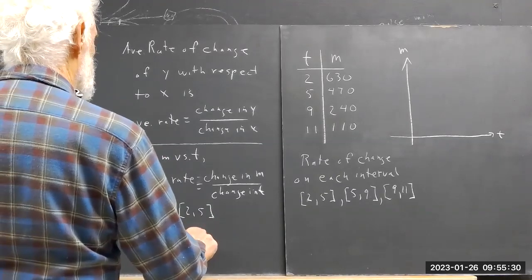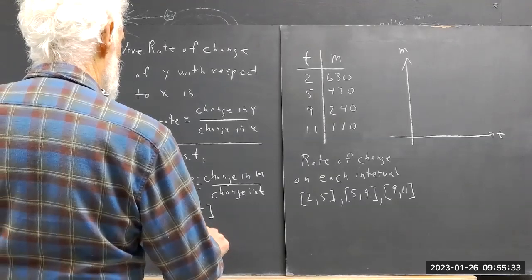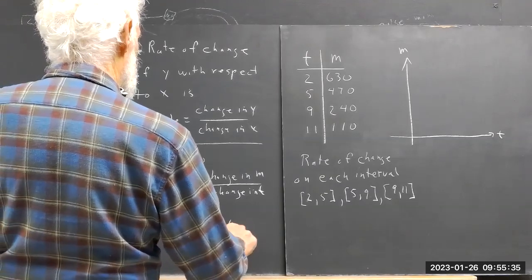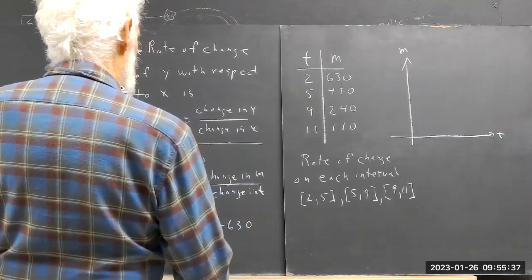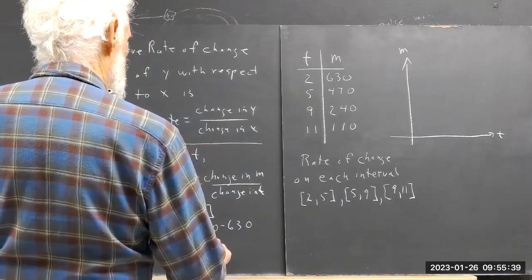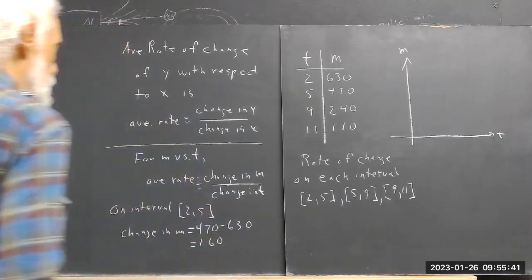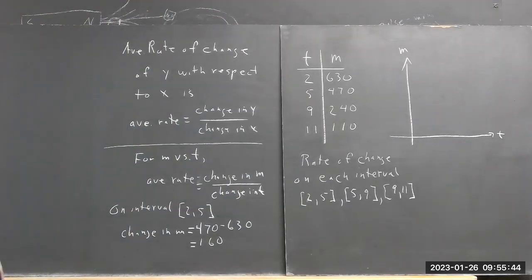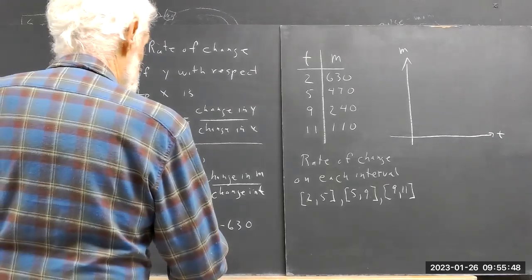Change in M is 470 minus 630, which is negative 160, right?